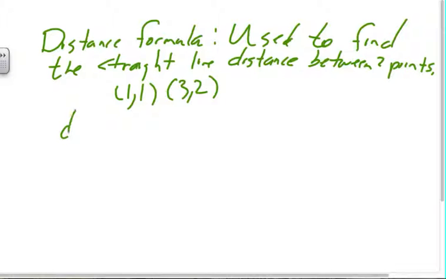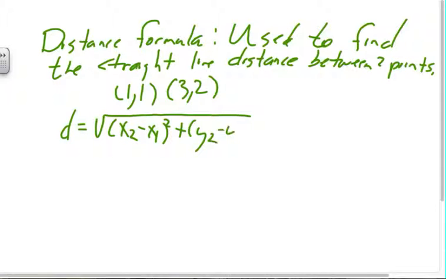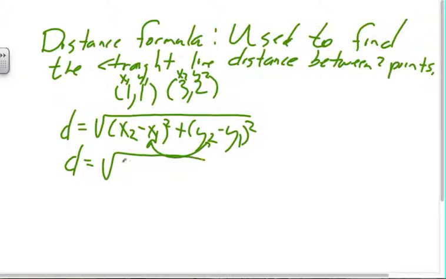The distance formula is the square root of (x2 minus x1) squared plus (y2 minus y1) squared. Sometimes you'll see these two terms interchanged. It's the same formula. So there's x1, y1, x2, y2. Now I plug in. So it's going to be 3 minus 1 squared plus 2 minus 1 squared.